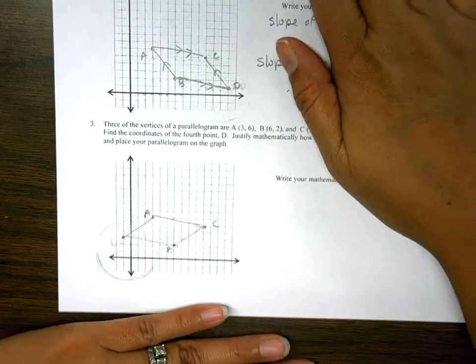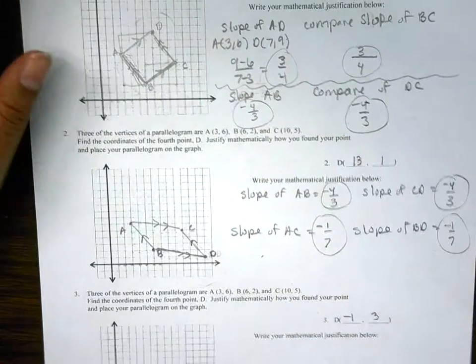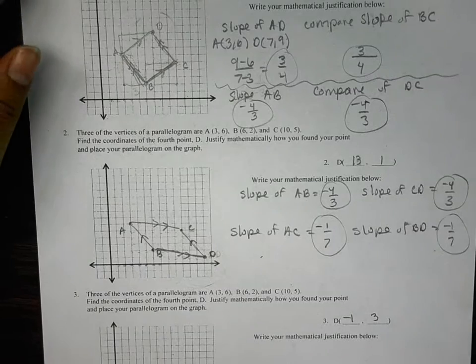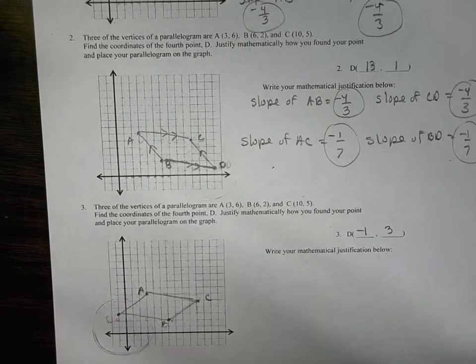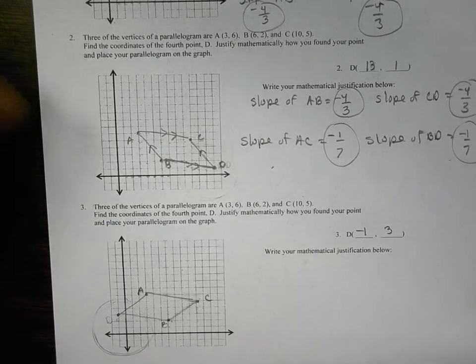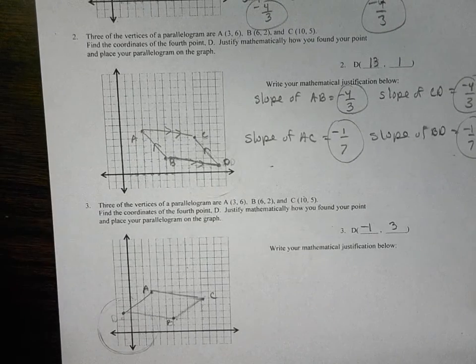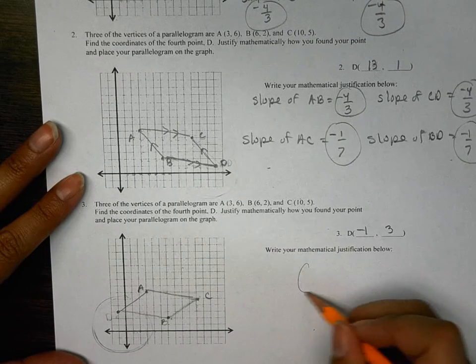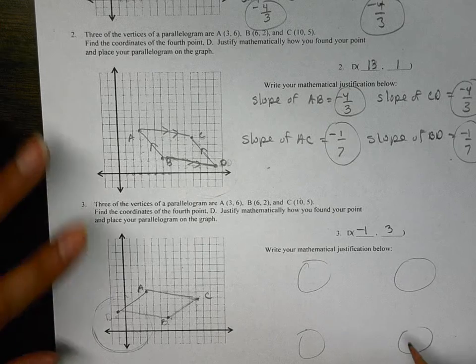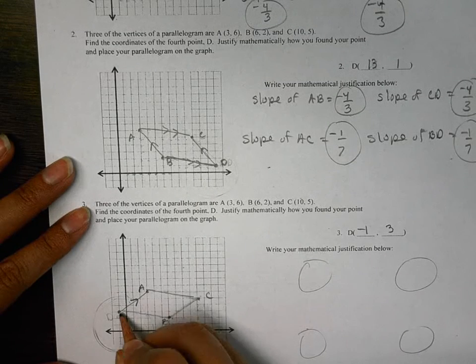And most people have one that just pops out like, oh, I can see it right here, or I can see it right there. I have all 3 worked out on my answer key, so I know, hey, okay, they did it this way, this is what I'm looking for. Oh, they did it this way, these are the slopes I'm looking for. So here you would need to label your 4 slopes. Slopes of which lines? You'd compare DA with what?